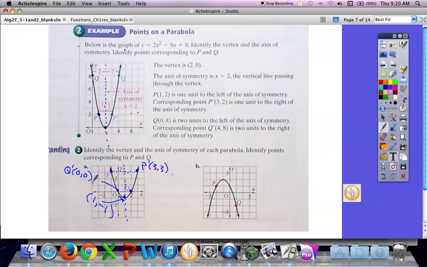Okay, try to find those 3 points again. Here's the vertex. Find the coordinates of the vertex and the corresponding points to P and Q, if you could see it or look in your book.